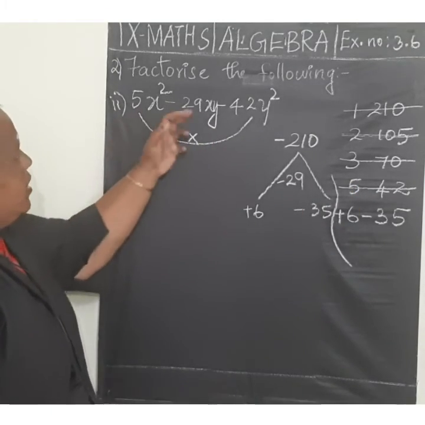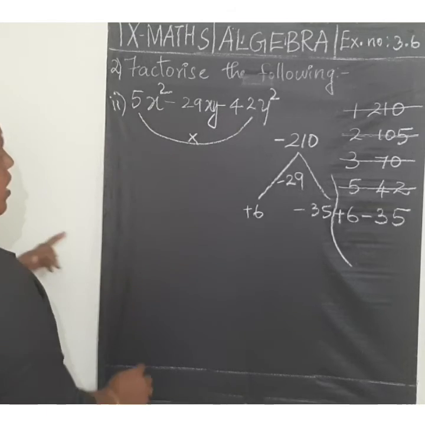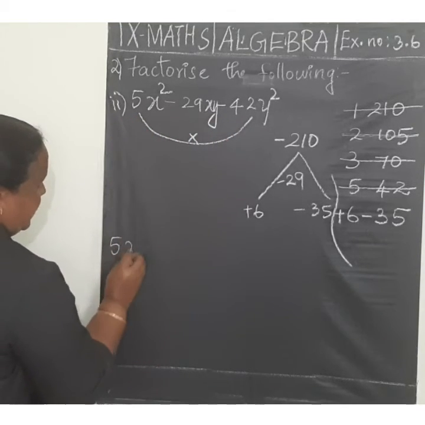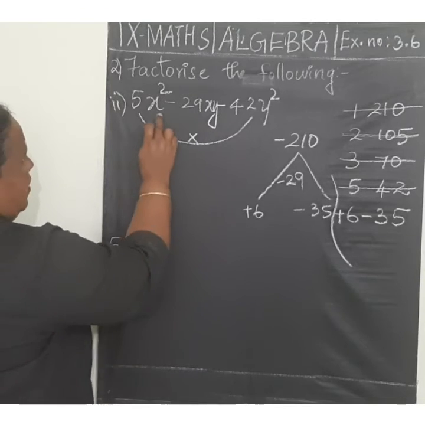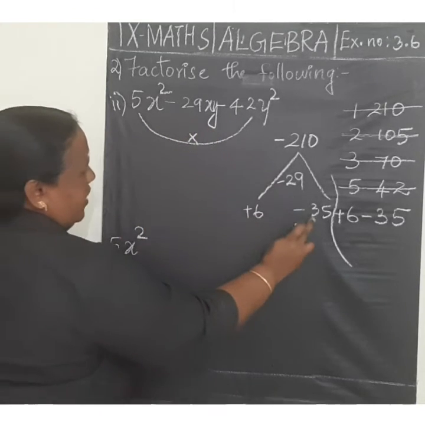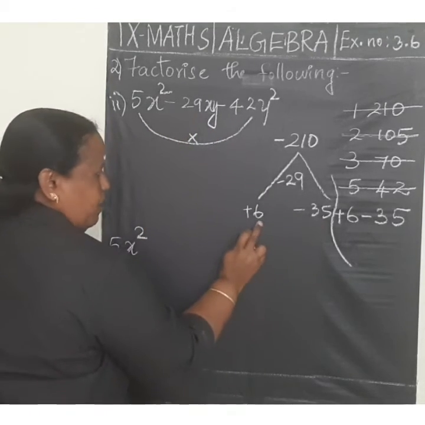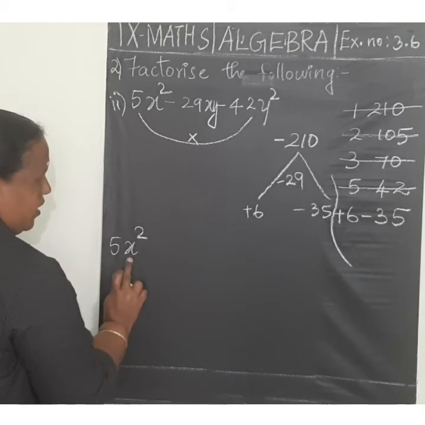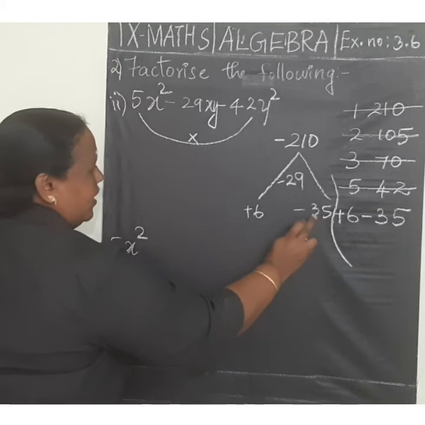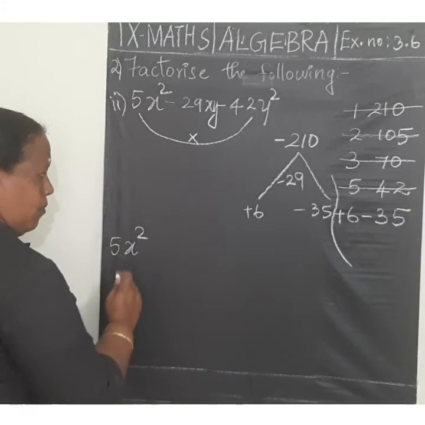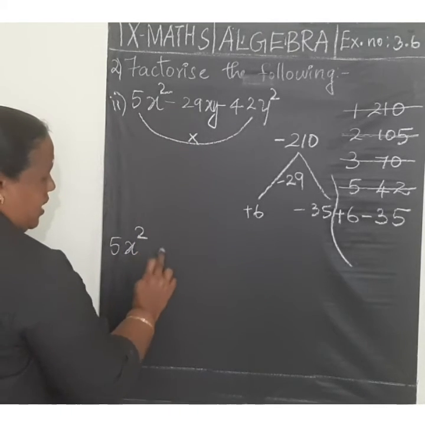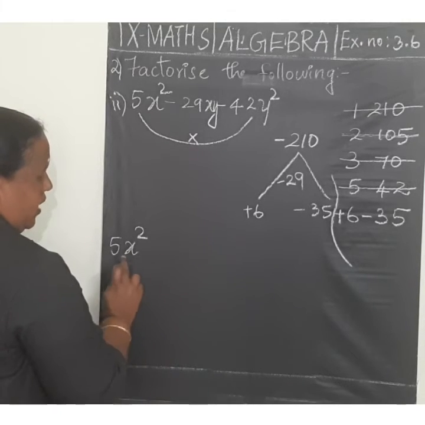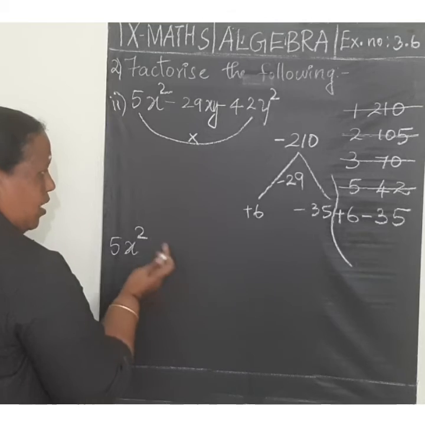Now we have to split the middle term. How to split the middle term: the first term is 5x squared. Here minus 29 we have taken as minus 35 and plus 6. So here 5x squared is there. We will write this 35 first because when we are taking the common number outside, if we put 6, when we are combining the first two terms, we can't take the numbers as common outside.